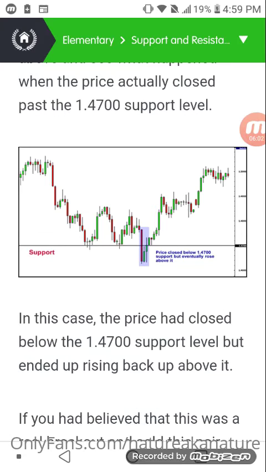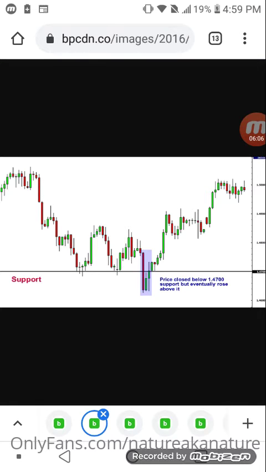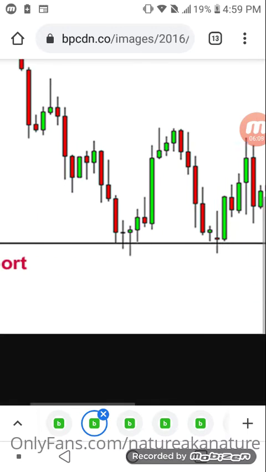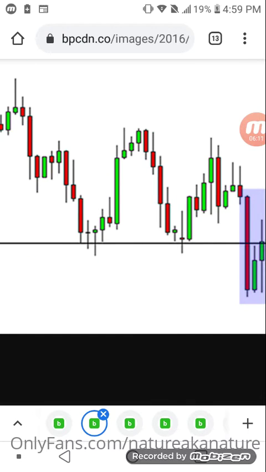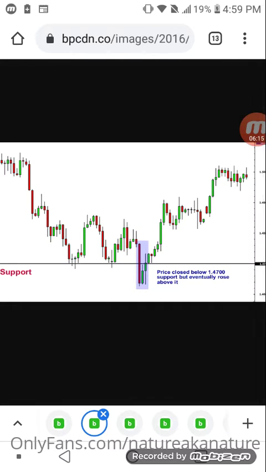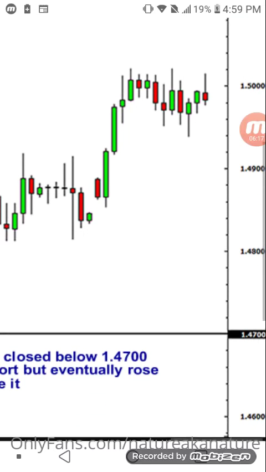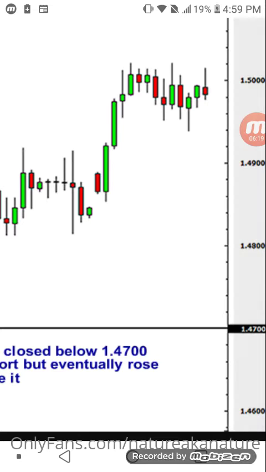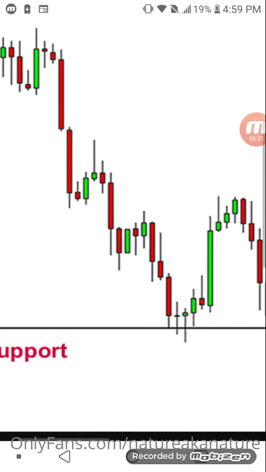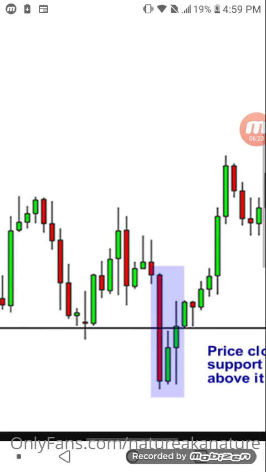As I was just saying, price was just doing this. Same picture, same example. Price tests the support level of 1.470 right here. Price tests that support level a few times, but couldn't close past it.